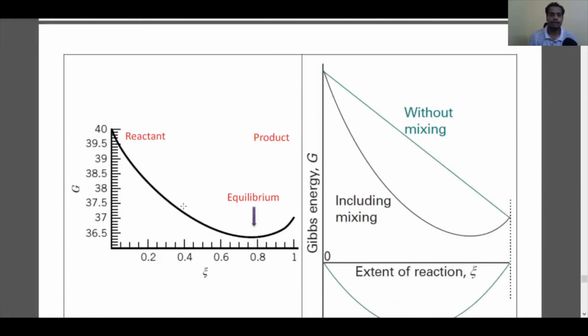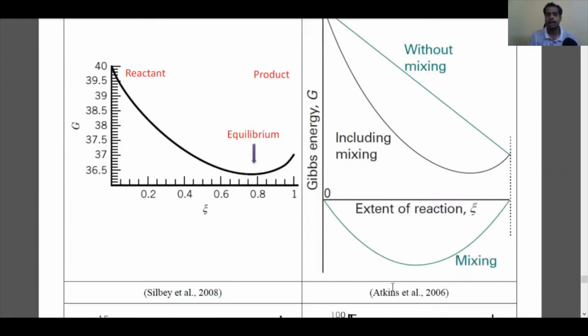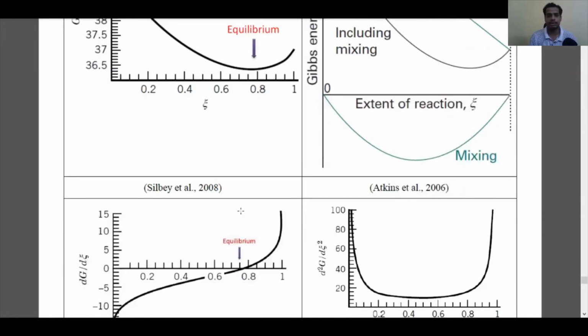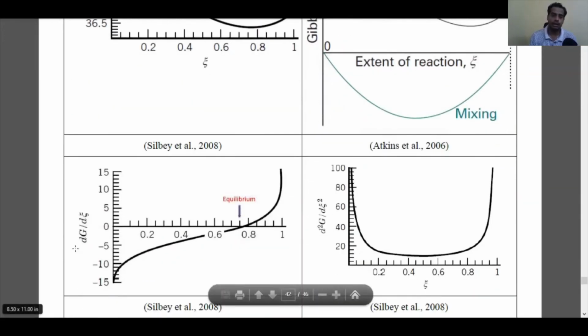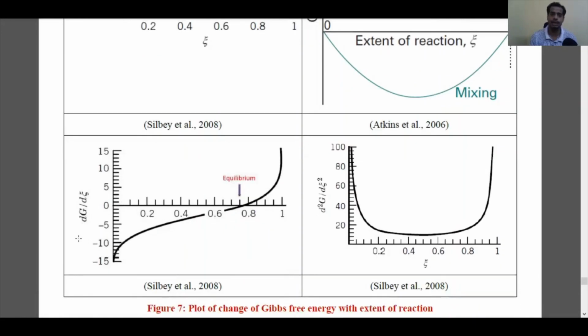So these two graphs are for Gibbs energy of reaction and extent of reaction. If we take the first derivative, dG by dxi, the first derivative of Gibbs energy with respect to extent of reaction, we will get a curve where at the equilibrium state the curve will have zero value.